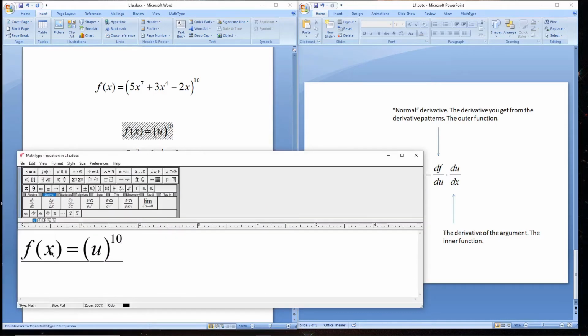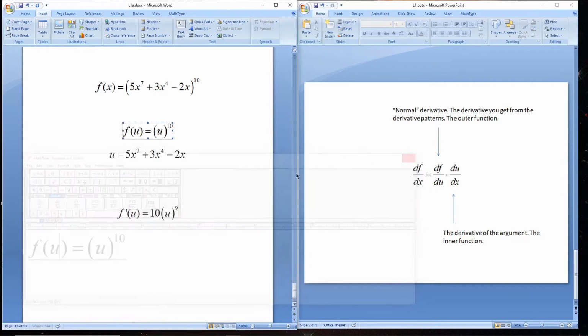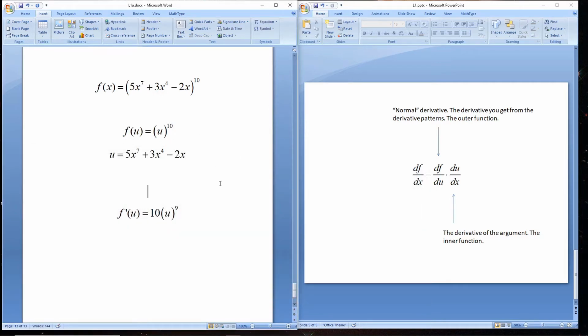And I'm just going to change this x to a u really fast to be consistent. Well, that is what df du means. It's just a straight derivative pattern right from that sheet. And there it is. But we don't want the derivative with respect to u. We ultimately want df dx. So df du is just one factor.